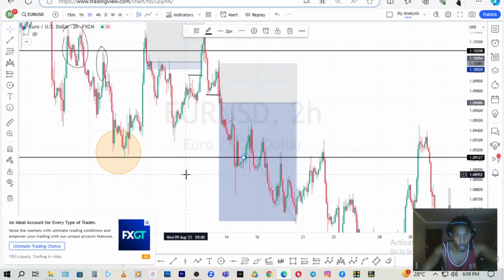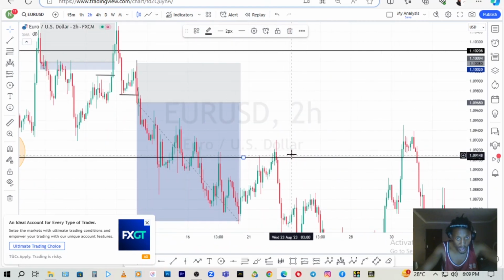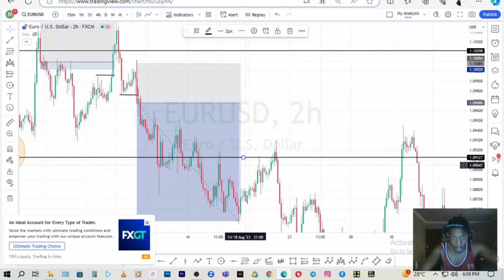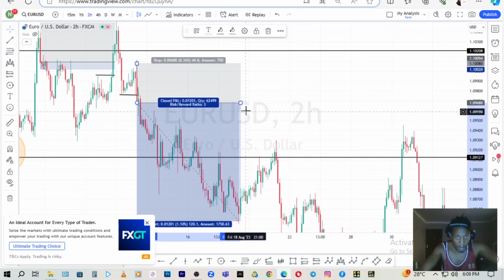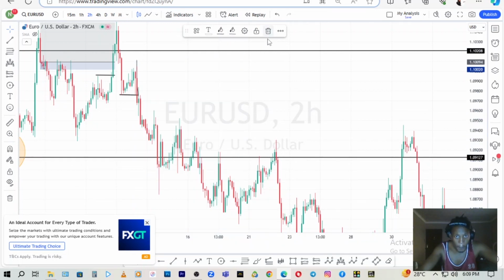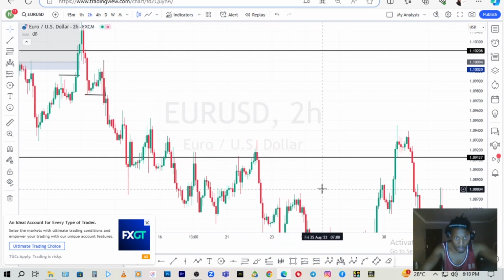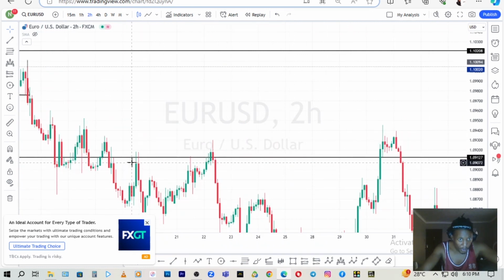So what do we do? We wait for the market to give us a setup over here to retest. Let me just remove this. To retest this level. So overall we had our first signal, but we never had an entry. Remember, you have to set yourself some rules.